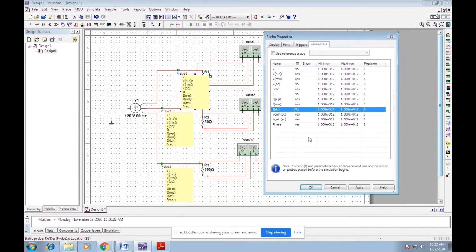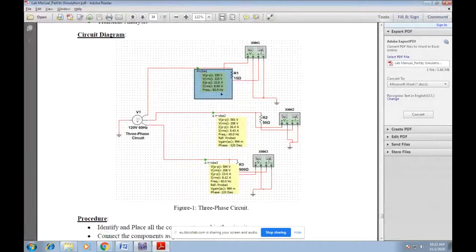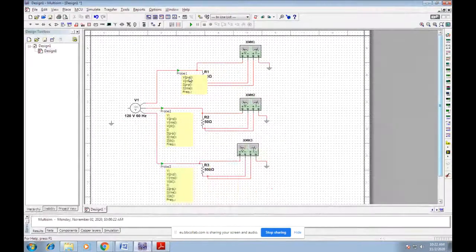We don't require DC current, DC gain, AC gain, or phase. So as per the lab manual, select only what is required and select yes. So you can observe it will have only peak to peak voltage, RMS voltage, peak to peak current, RMS current, and frequency.